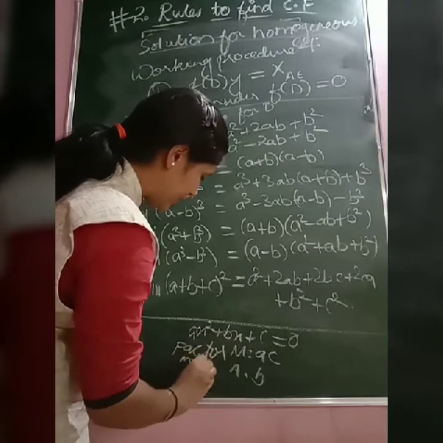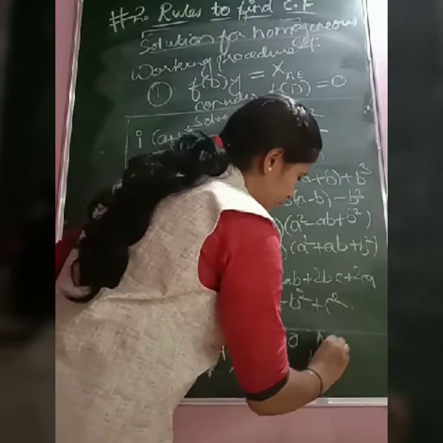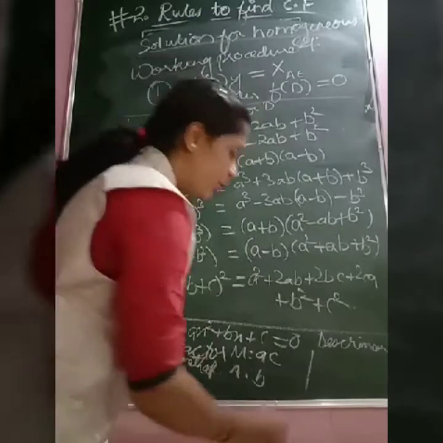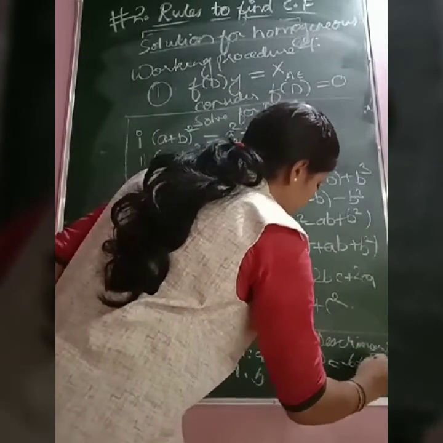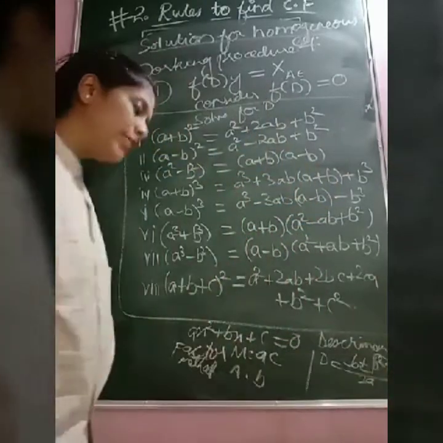If it is quadratic, you can go to the factor method or the discriminant method. What is the discriminant method? We are well aware of that. The roots are x equal to minus b plus or minus square root of b square minus 4ac, whole divided by 2a.